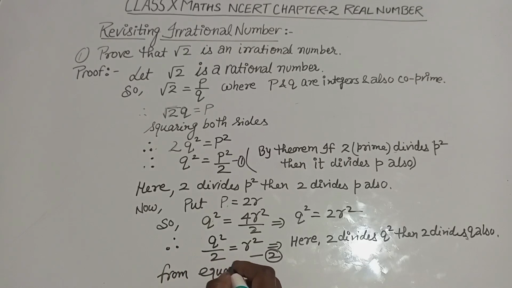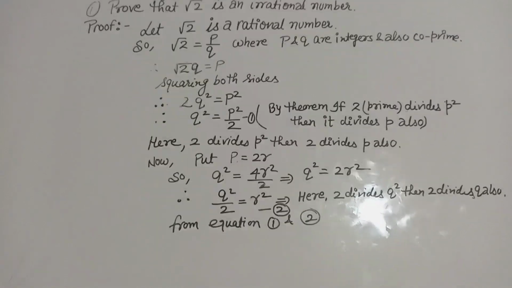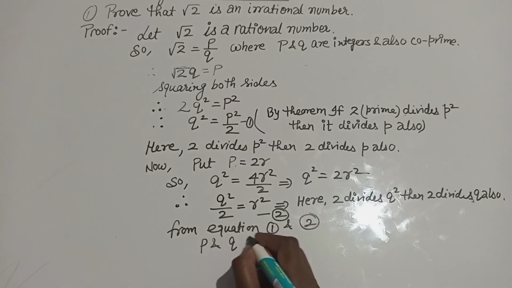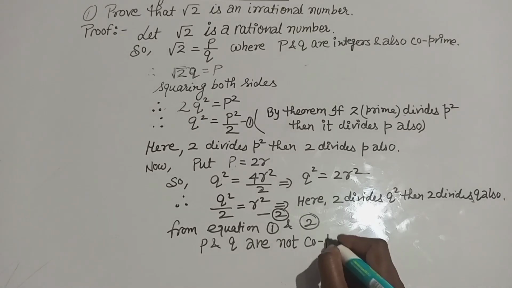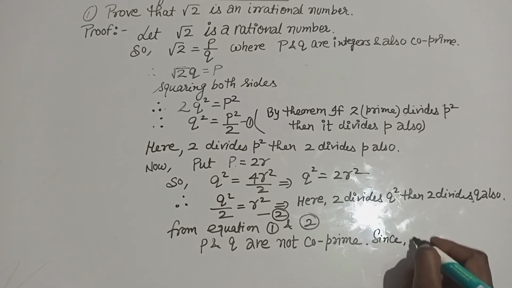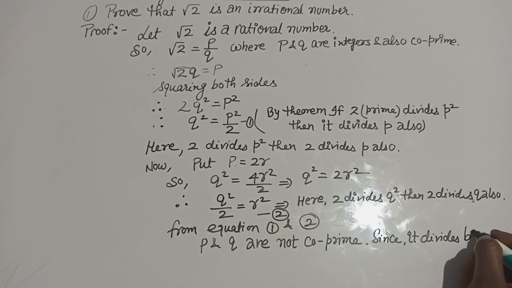From equation 1 and 2, p and q are not co-prime, since both are divisible by 2.